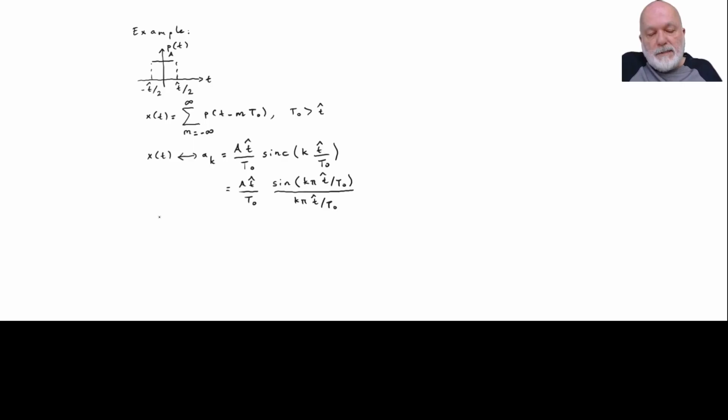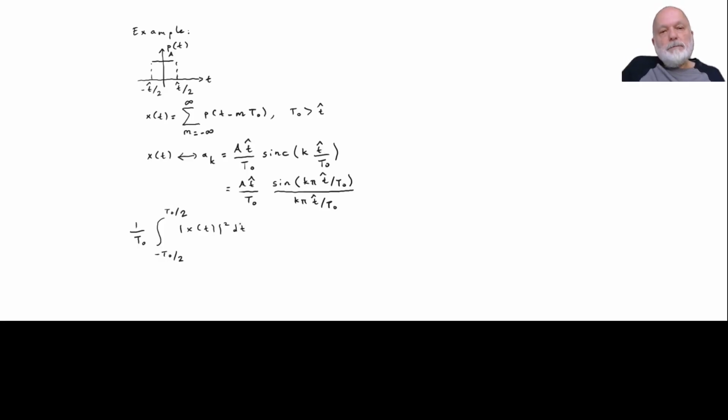Now, Parseval's identity tells us the following. 1 over T0, if we integrate over a period, say from minus T0 over 2 to T0 over 2, x of t modulus squared integrated with respect to t.